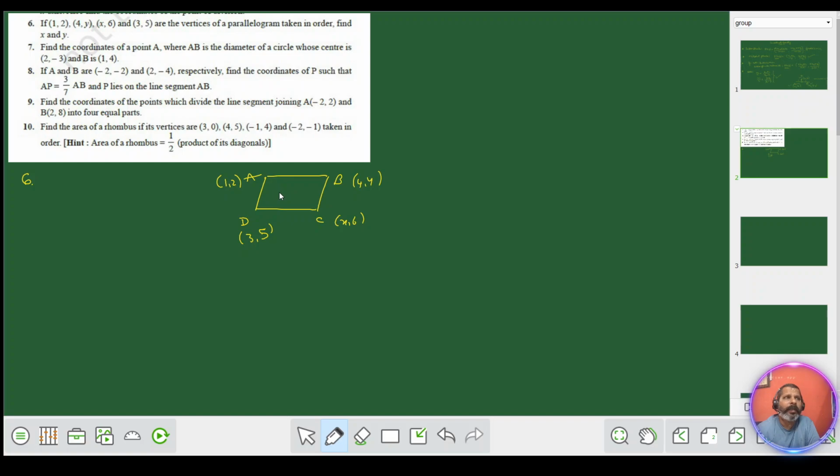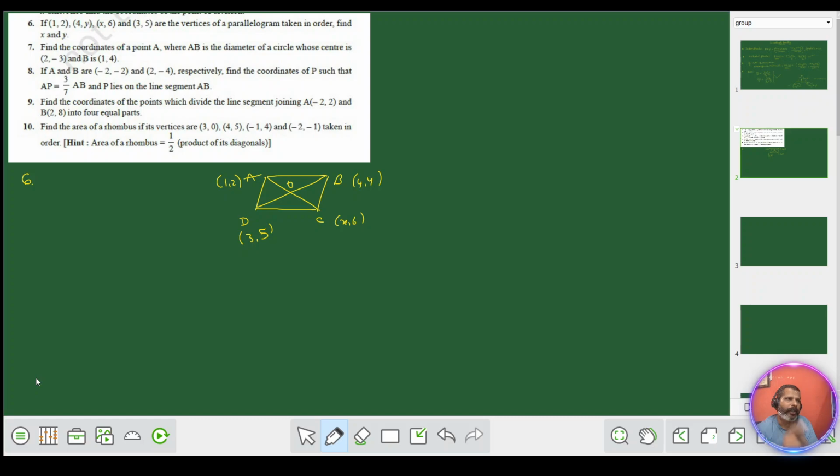Since it's a parallelogram, diagonals bisect each other, right? When the diagonals bisect each other, the midpoint of diagonals AC and BD, which is O, should have the same coordinates. So we'll apply the midpoint formula once for AC and once for BD, and you get the values.